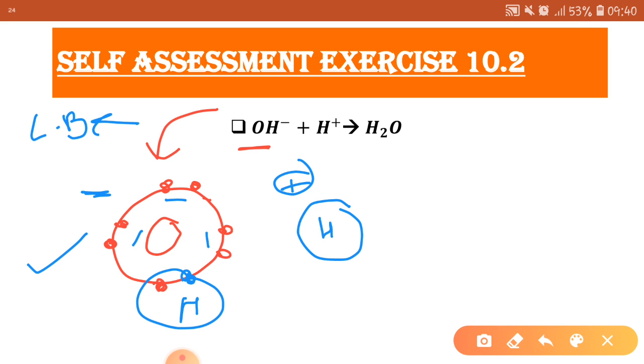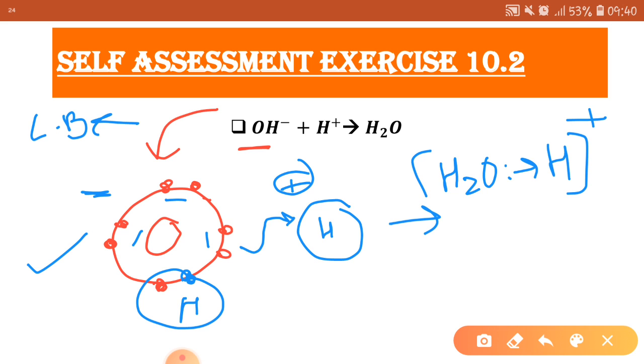So the oxygen will donate its electron pair to the hydrogen ion to form a coordinate covalent bond. This means that the hydrogen ion is working as a Lewis acid here because it is accepting an electron pair from the oxygen atom.